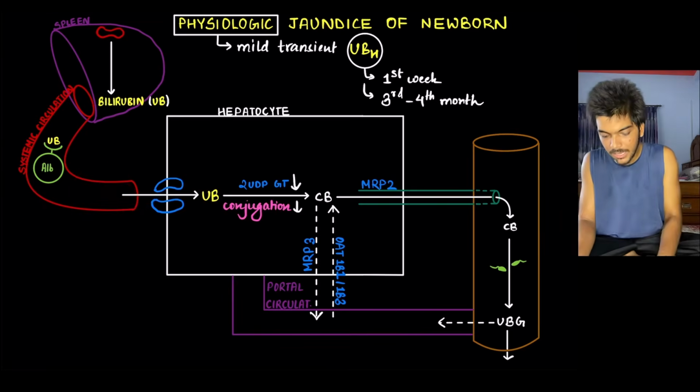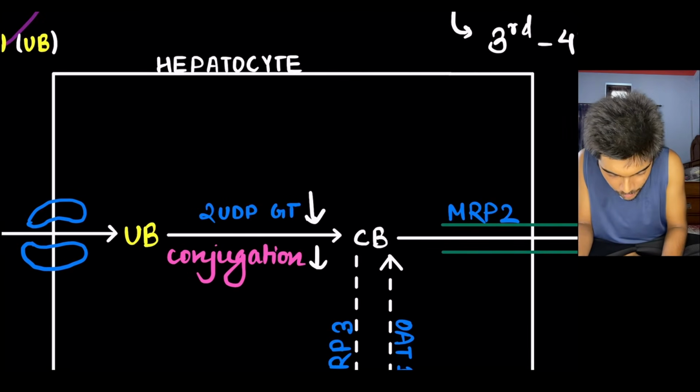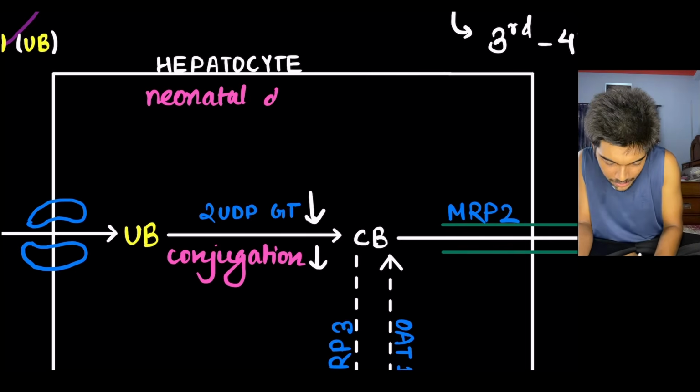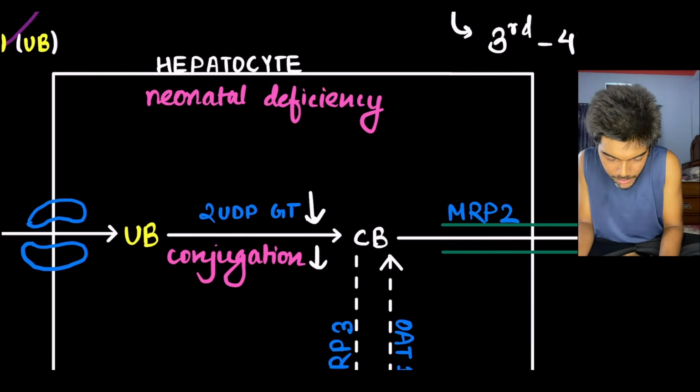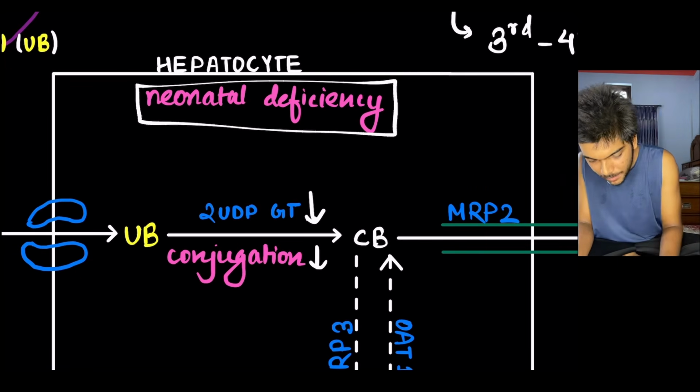So the first case is neonatal deficiency, or the deficiency of glucuronosyl transferase in a newborn due to the immature gene that is responsible for the production of glucuronosyl transferase.